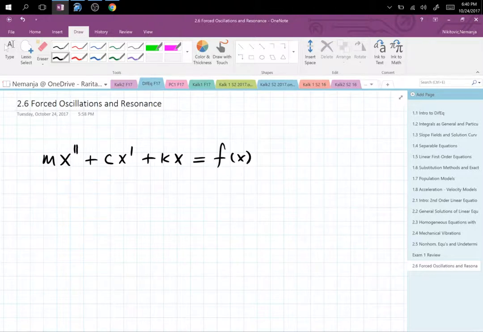Now we can have with and without damping again, and again we can talk about the frequency, we can talk about the period. There we go. Can't remember all the words.